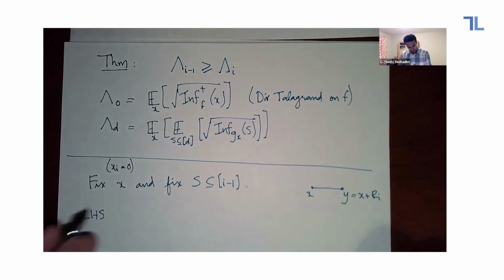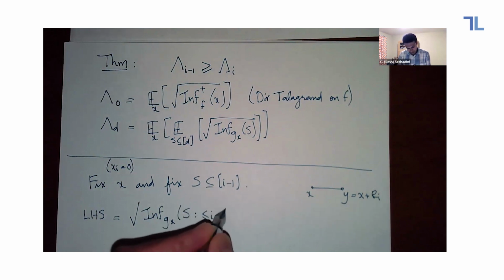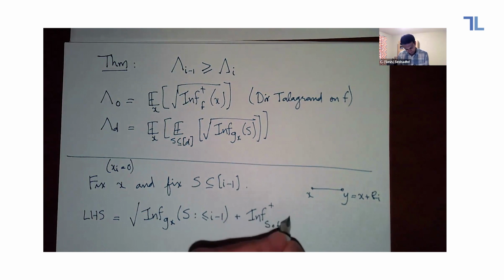In the LHS, what you have is the influence of G_x at S, less than or equal to i minus 1, bear with me as I write this expression, the influence of S circ F at x, greater than i.